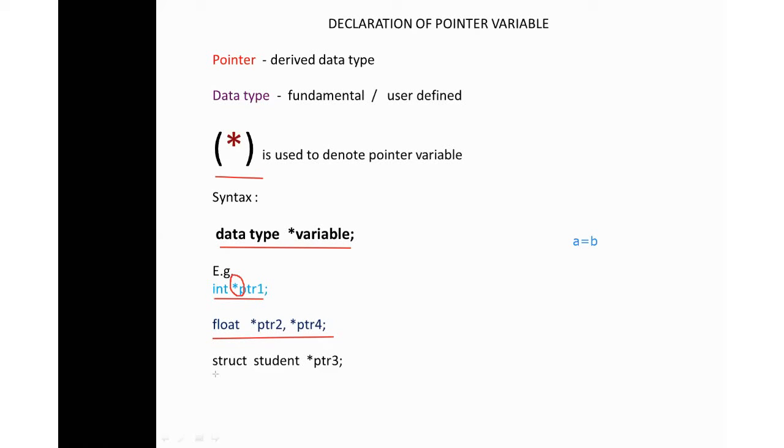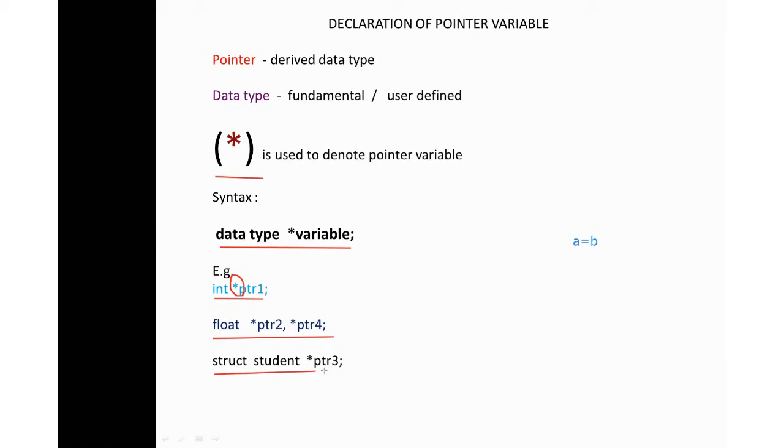Now look at the third example. I told you we can make use of a user-defined data type also. So struct becomes your user-defined data type. Student is the name of the structure.